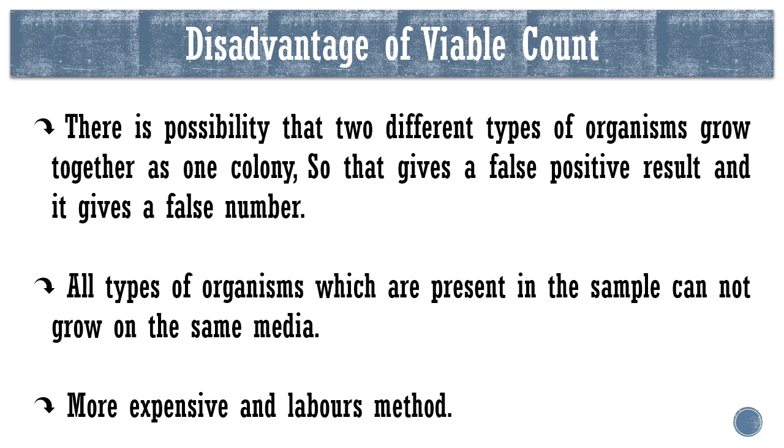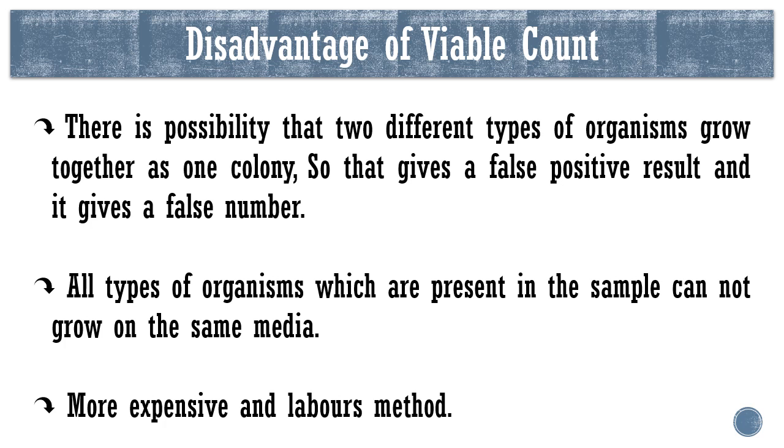So if enumeration is done from a natural specimen, it may contain various types of bacteria. They may differ in their requirement of nutrients as well as optimum growth conditions such as pH, temperature, oxygen, etc. So the medium and conditions employed during incubation may not satisfy the growth requirements of such bacteria. Hence, they may fail to grow and hence escape the counting.